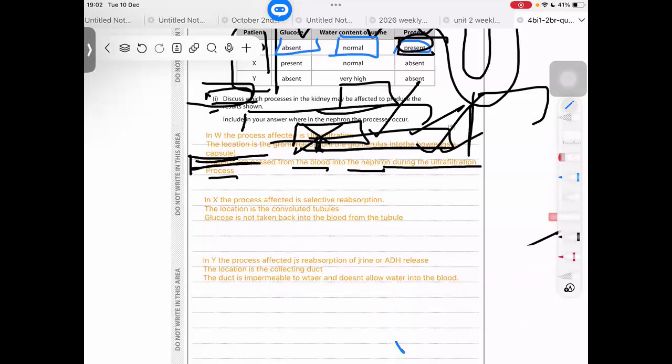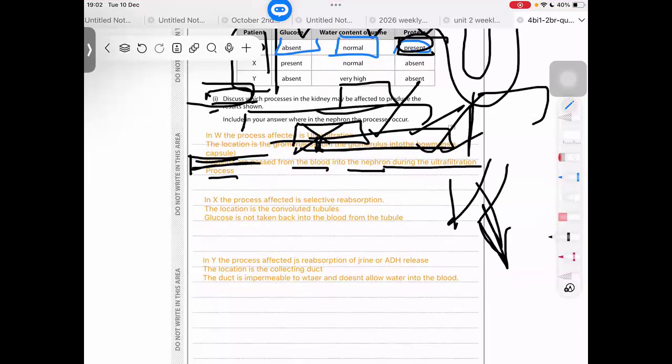Okay. Yeah. All right. Otherwise the answer is okay. Bowman's capsule, you can get the mark, but cut down that afferent arteriole part, because that would make it more complex, and the right point is not there if you mention the afferent arteriole, because from the afferent arteriole, ultrafiltration does not take place, right?